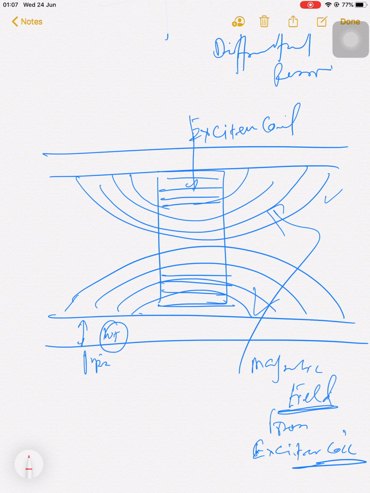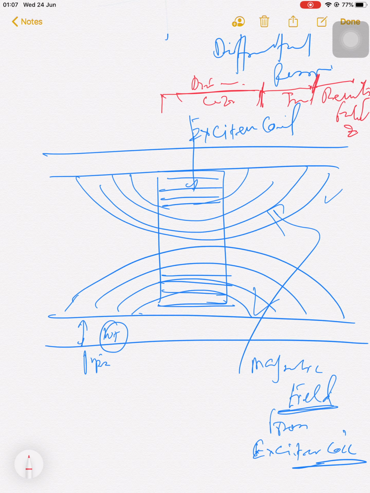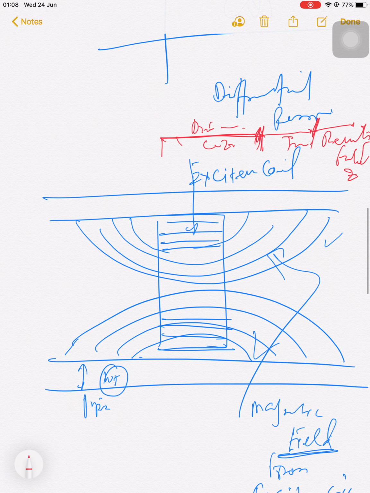So if you see, there are many zones. This is the direct coupling zone, after that the transition zone, and then the remote field zone.